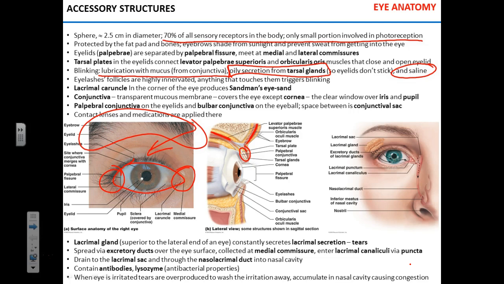Conjunctiva surrounds most of the anterior surface of the eye, and also the interior surface of the palpebrae. If you flip the eyelids out or pull them out, what you see is conjunctiva. That pink layer is conjunctiva. This is shown here, the conjunctiva.